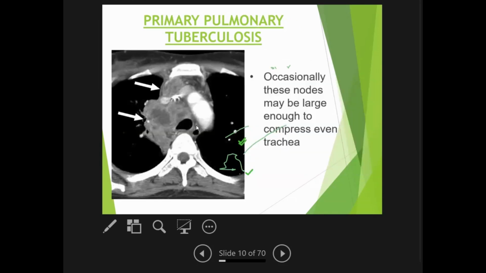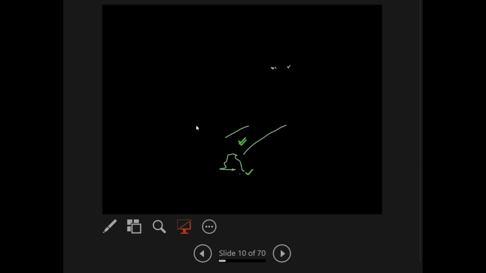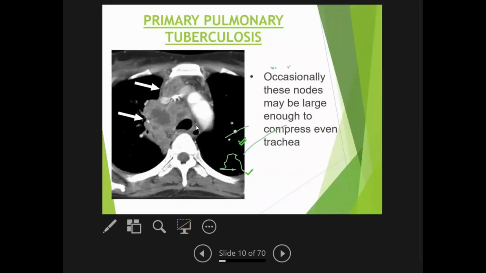Then these nodes may be too large. As I mentioned earlier, they can compress the trachea and even bronchi. That arrow is obstructing the upper lobe bronchus, and it can extend even up there. They have a characteristic pattern.